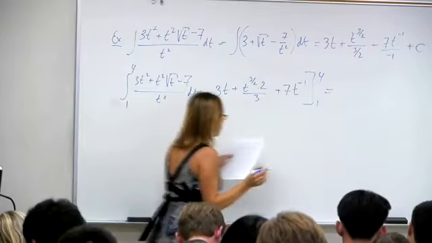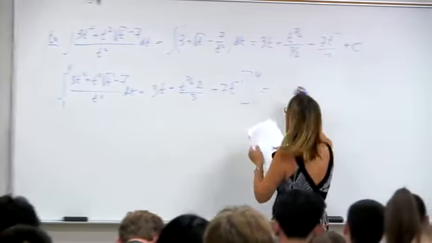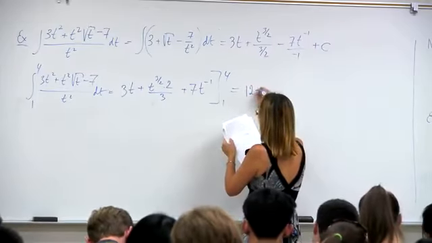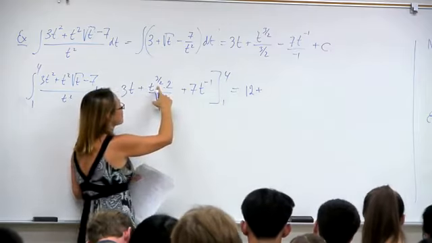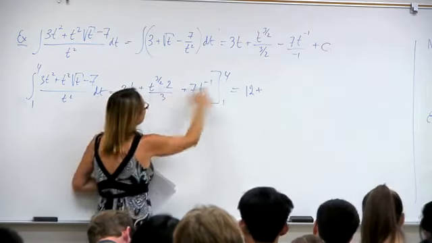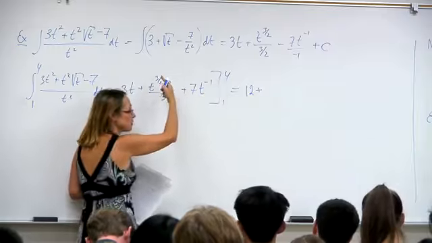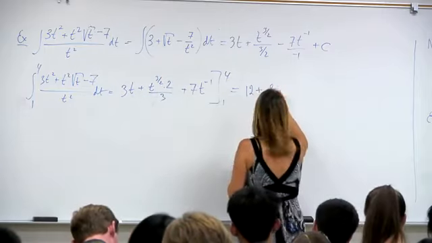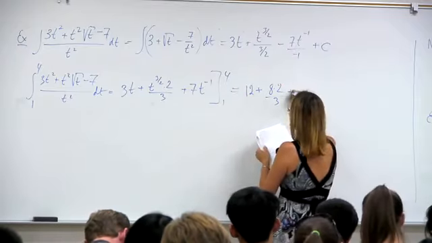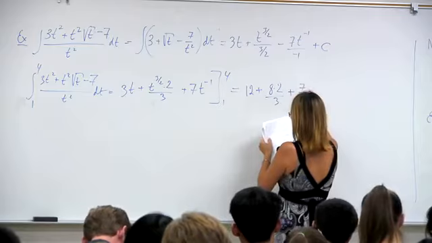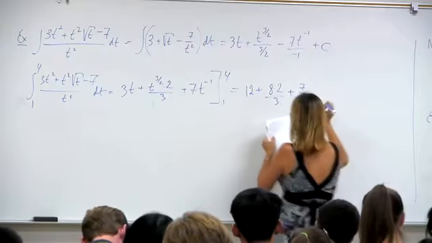So now I have to just substitute the numbers. 3t is 12 plus, what is 4 to the power of 3/2? I have to take the square root, that's 2, and raise it to the power of 3. That gives me 8, right? 8 times 2 over 3 plus 7 over 4.